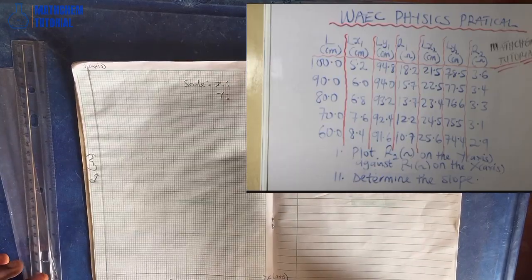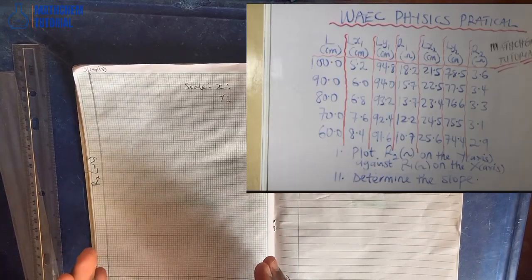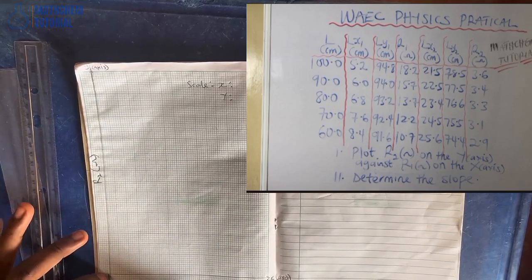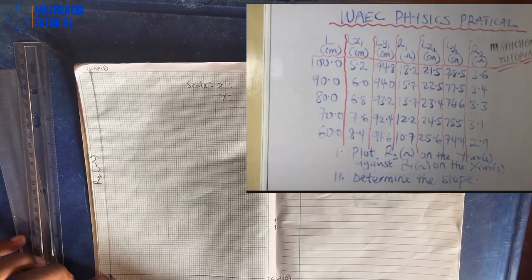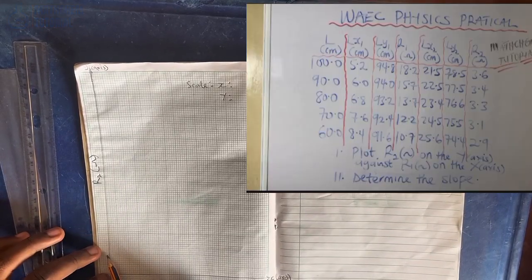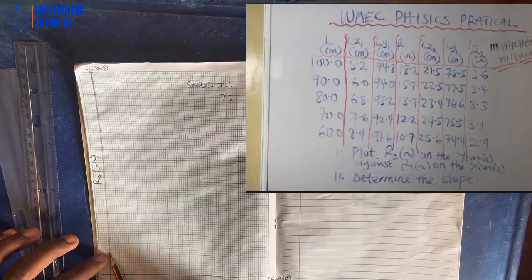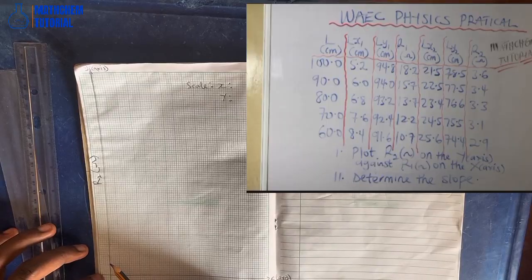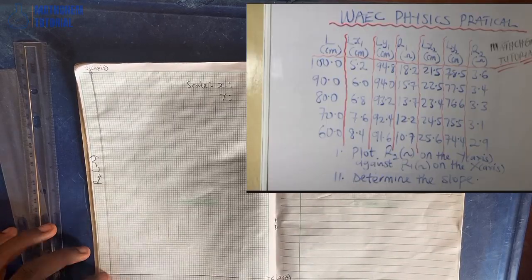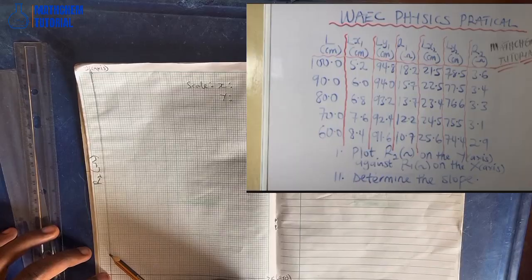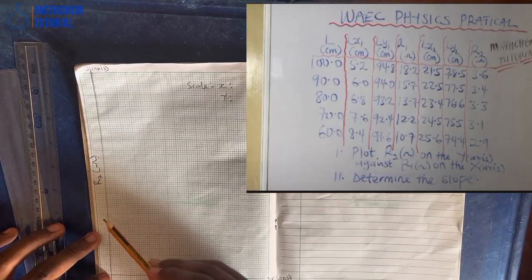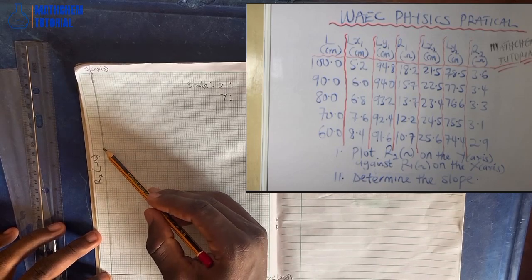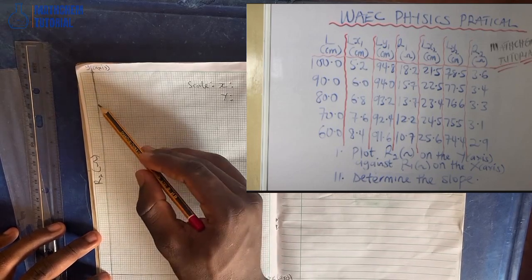What scale can I use that will cover at least 3/4 of my graph sheet? If I start from here by saying 2.9, then 3.0 here, two of these blocks will represent 2 centimeters. So 2.9, 3.0, 3.1, 3.2, 3.3, 3.4, 3.5, 3.6, 3.7, 3.8.